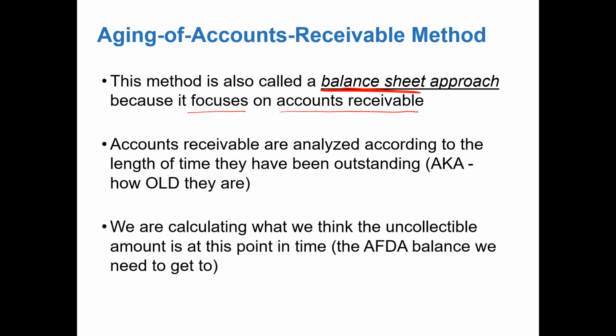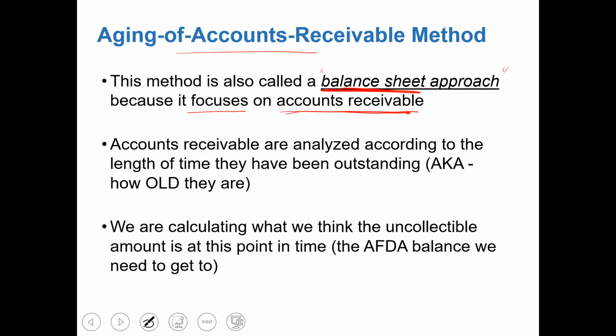So what is sitting in accounts receivable? But in addition to that, we're also calculating the allowance for doubtful accounts amount when we use this aging of AR. So both the accounts receivable and the AFTA are balance sheet accounts and therefore sometimes referred to as the balance sheet approach.